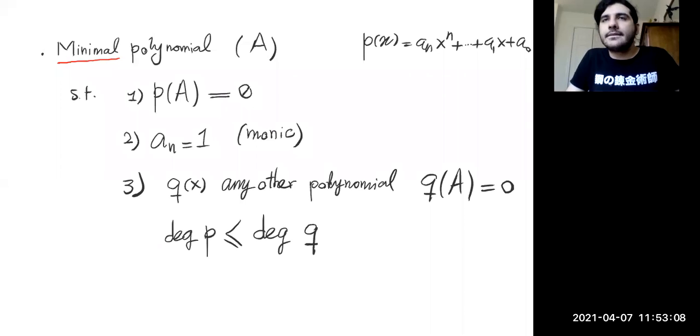Okay? Degree of p is less or equal than the degree of q.